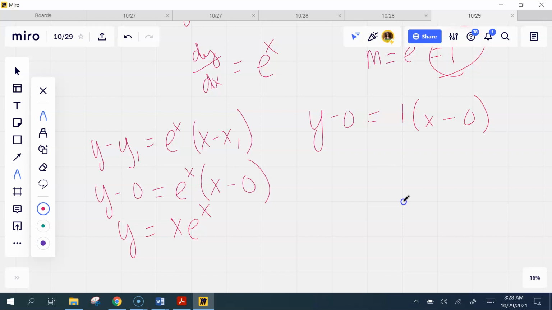The slope would be e to the x. It's got to be e to the x if it goes through the origin. We'll come back to that before we get bogged down on that.